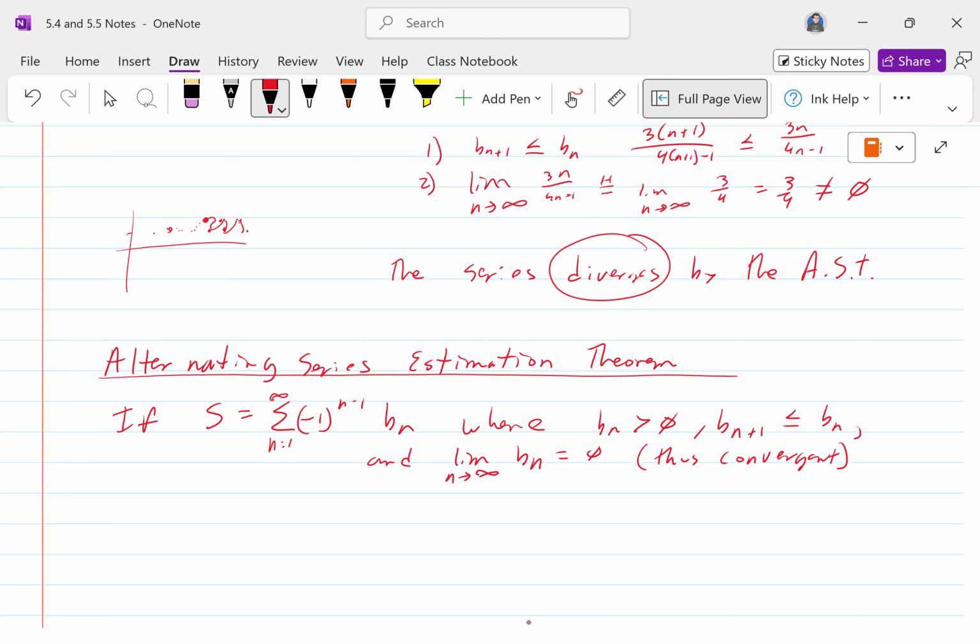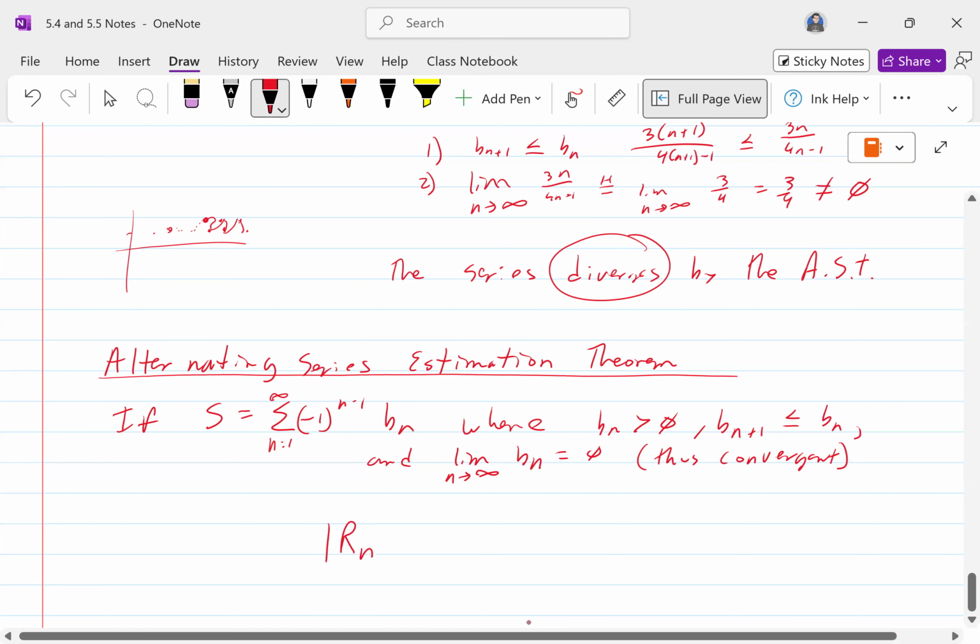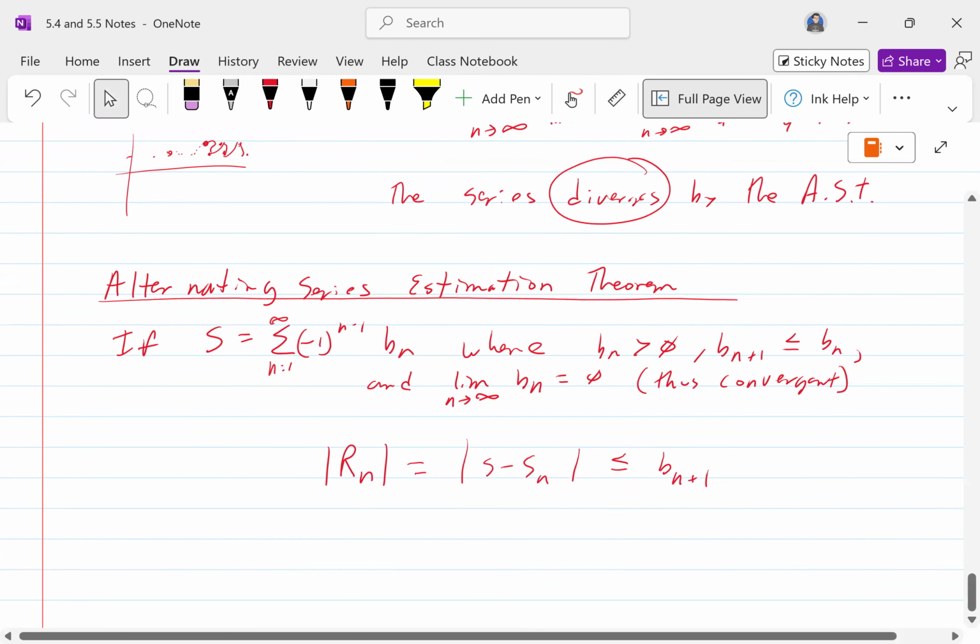Okay, if this is true, then the remainder R_n is equal to the absolute value of S minus S_n, which is less than or equal to b_(n+1), the (n+1)th term.